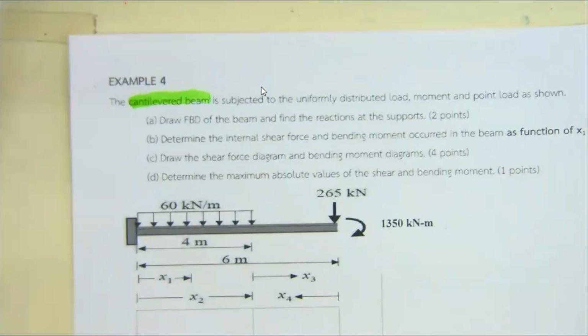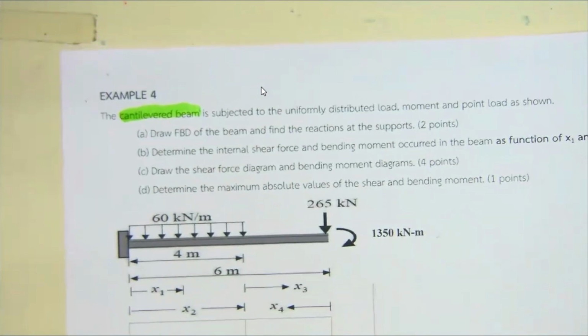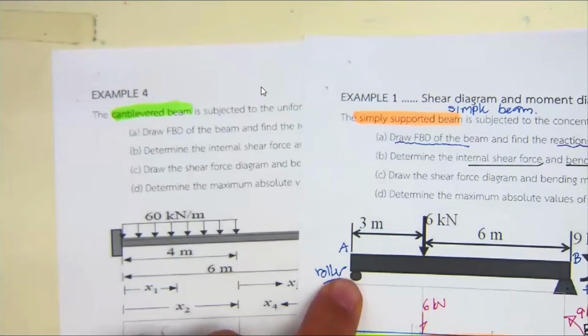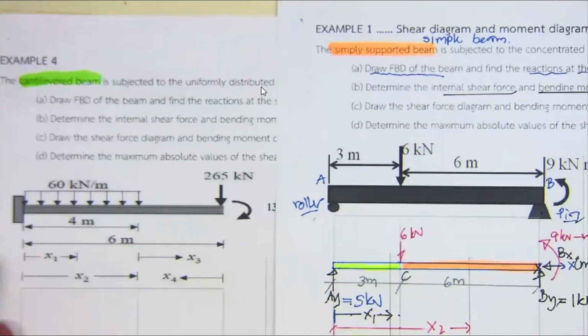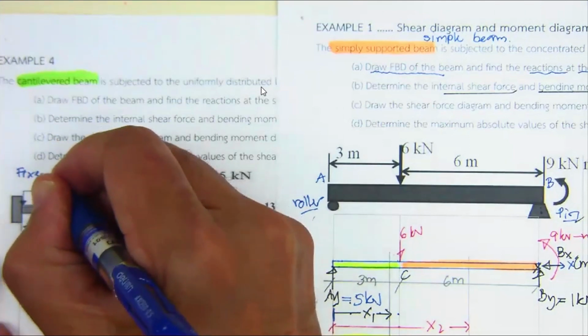Okay, now let me move to this one. This is a cantilever beam. Okay, the cantilever beam is different from simple beam. This one we have the support. This one to be fixed support.